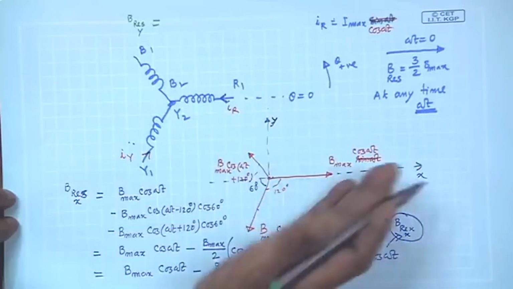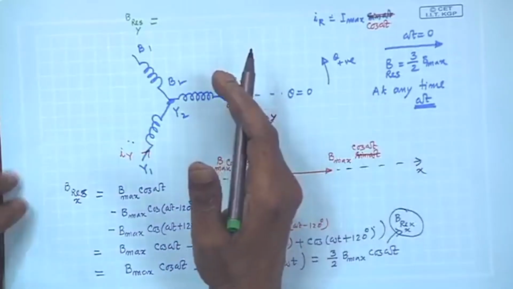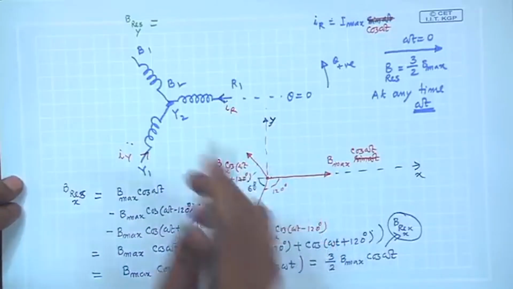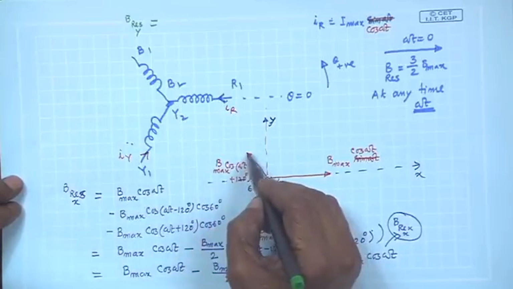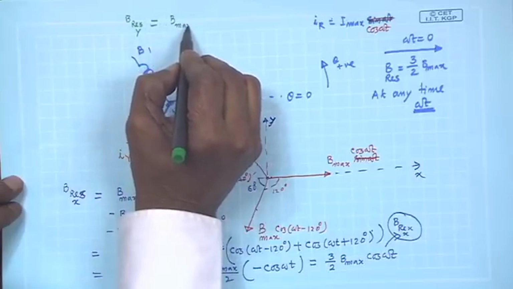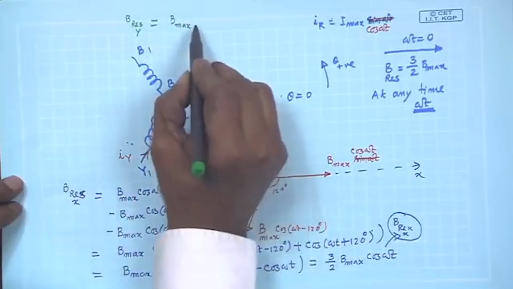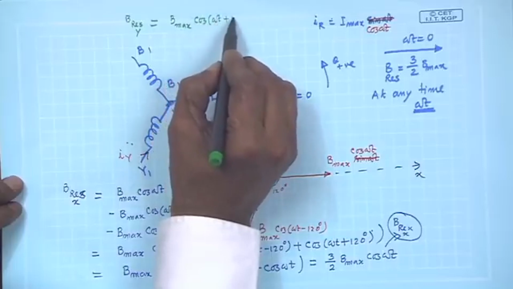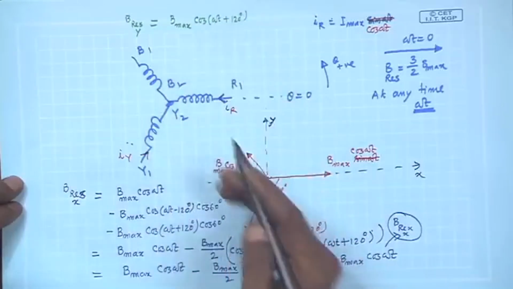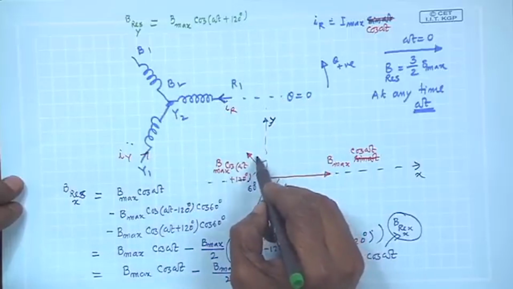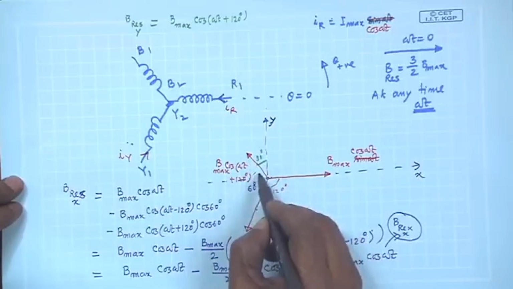So, for B max it cannot be, for R phase no projection. So, only for this and this. So, so far as this one is concerned, it will be B max cosine omega t plus 120 degree, and then this angle is 30 degree, because this is 60.